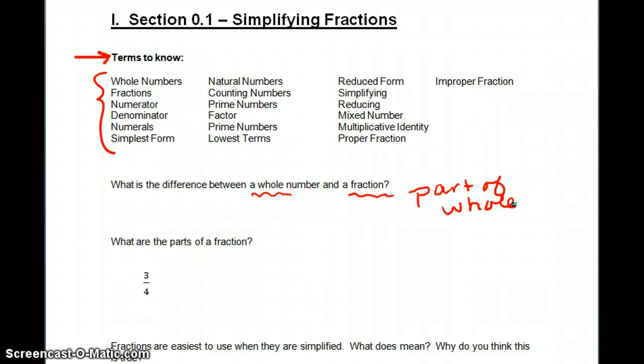If you want to think of a pizza and you're separating that pizza into individual slices, as you remove a slice, that pizza is no longer whole, and you now just have a fraction of that pizza left. And if you think about what you're holding in your hand, you have a fraction of that pizza in your hand. So the fraction is representing a part of a whole entity.